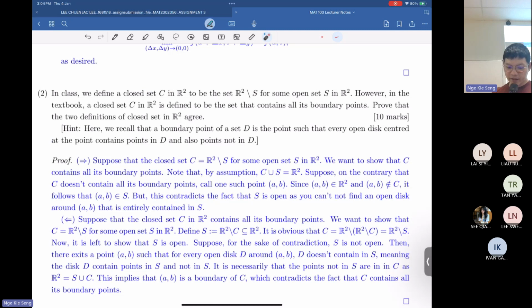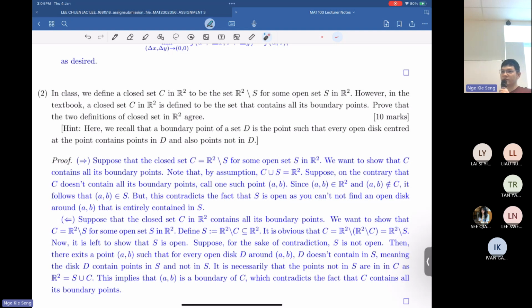So the first direction I'll pick is: suppose a set can be written as R2 get rid of some open set. Then I want to show that this particular set contains all its boundary points.